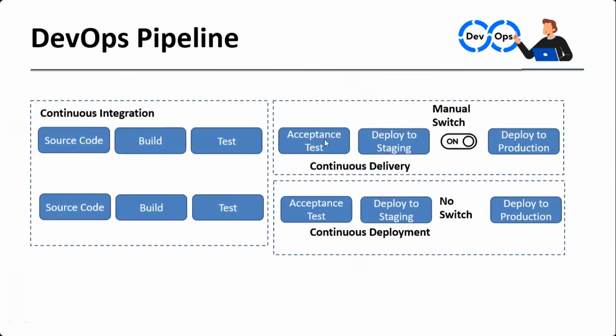Continuous delivery involves additional acceptance tests and manual approval before production deployment. And continuous deployment automates the entire process, including the deployment to production, once all of the tests have passed.